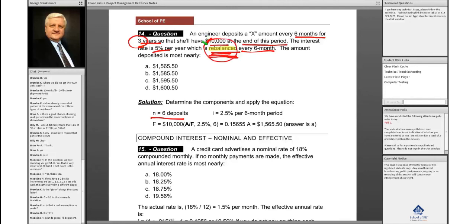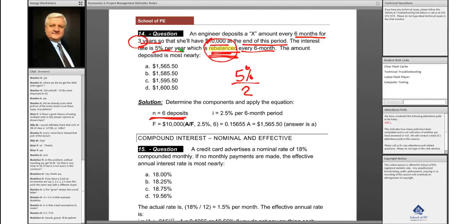That means the interest is added to the principal, and then the principal with the interest accumulates to the next period. So in this case, you're doing 6 deposits, and your 5% is divided by 2, twice per year. This is 5% per year.